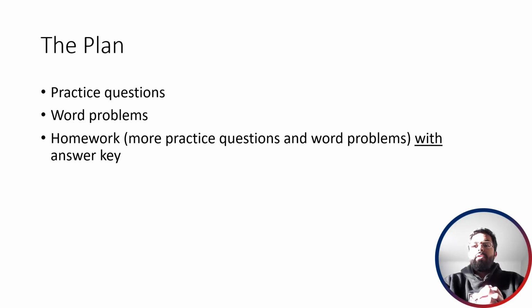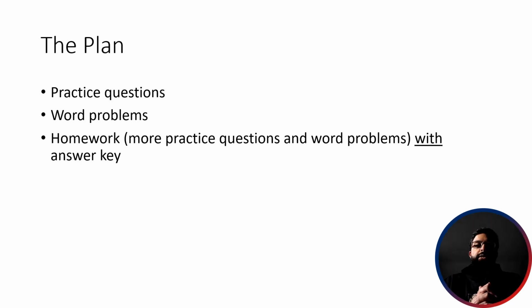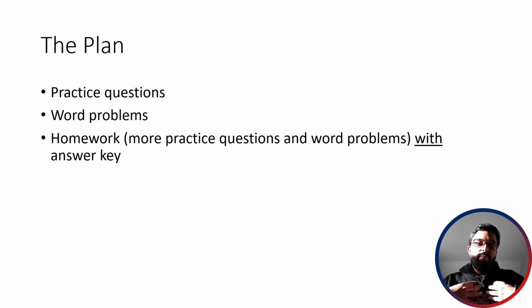So the thing with the word problems that are on the homework is that I've given a full set of solutions. They're not particularly complicated problems, but I've given a full set of solutions to your teachers. So if you have any questions, you can confer with them to talk about where you might have gone wrong, or if there's a mistake in the answer key, then I will accept full blame for that.